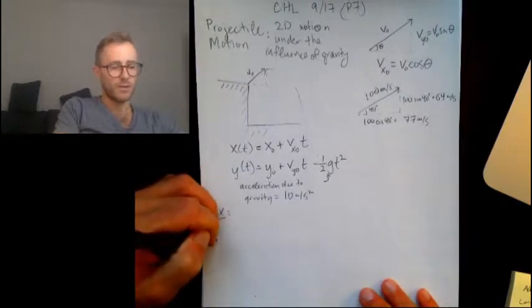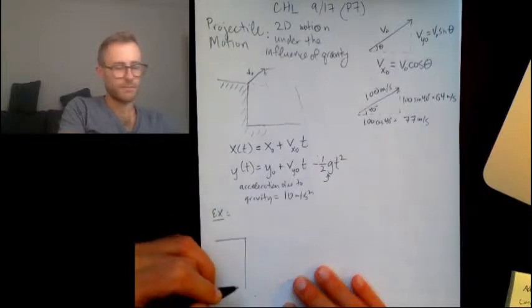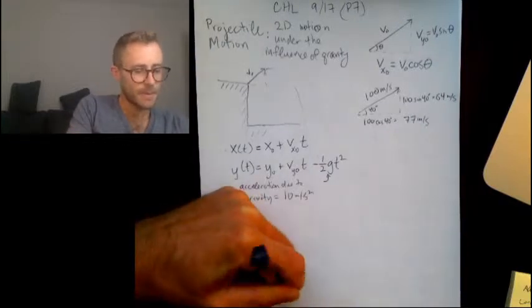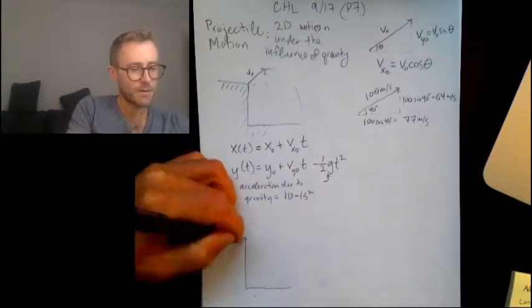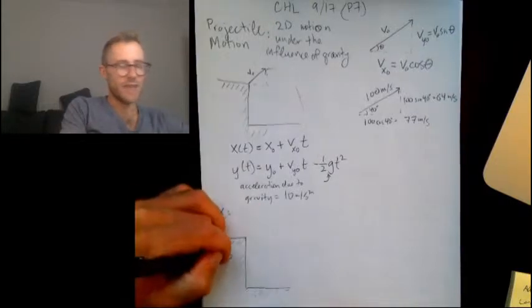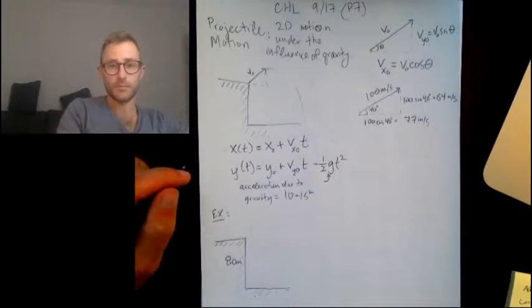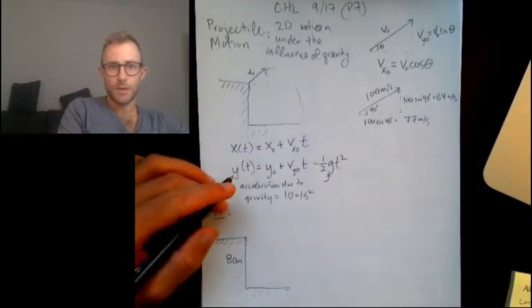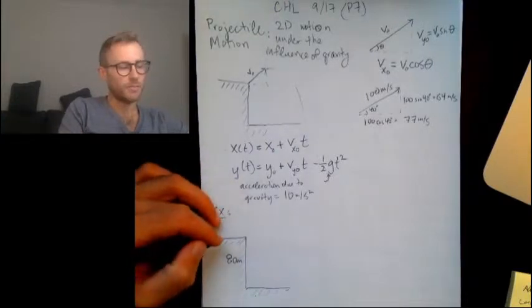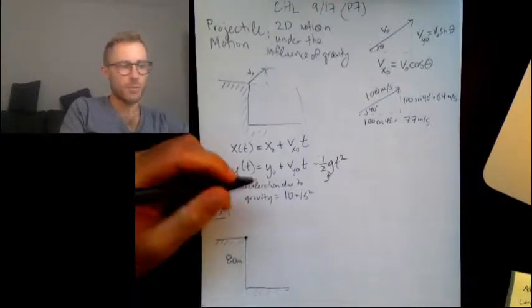So we've got two projectiles. Here's a cliff. All right. The cliff is 80 meters high. And there's a projectile that is launched from the top of the cliff.